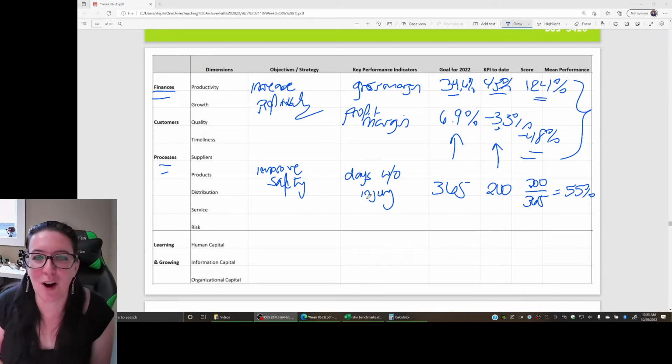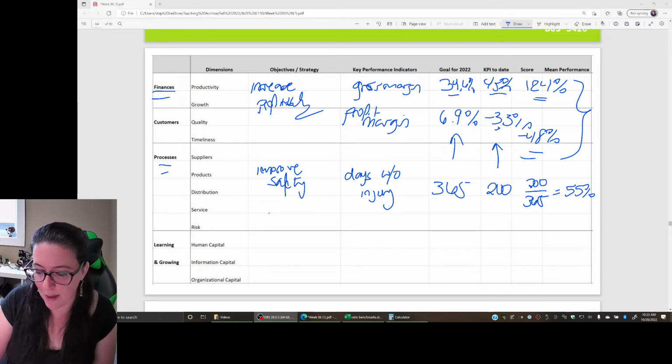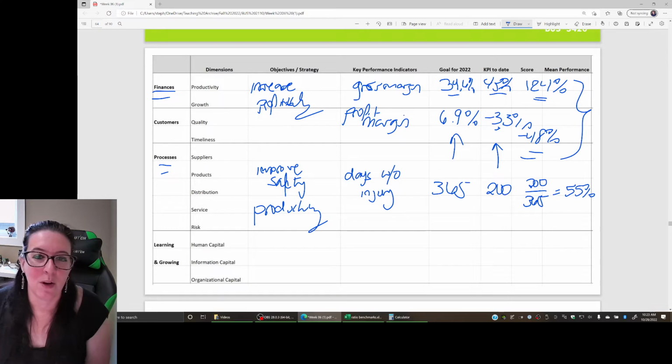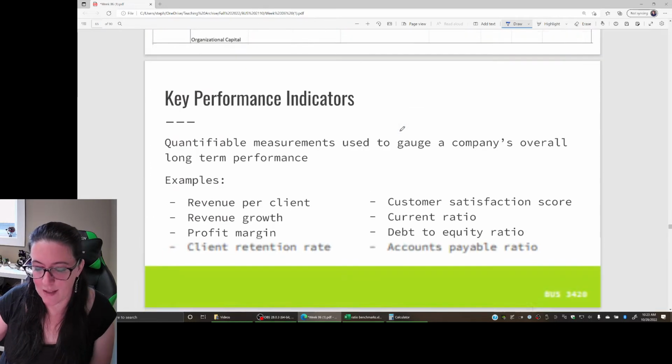How productive are we? As our process, we could look at improving safety. We could look at productivity. We could look at costs, all these components, looking at the performance of our organization and our processes within it.